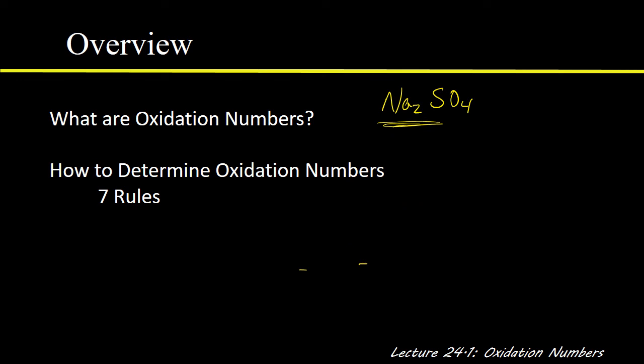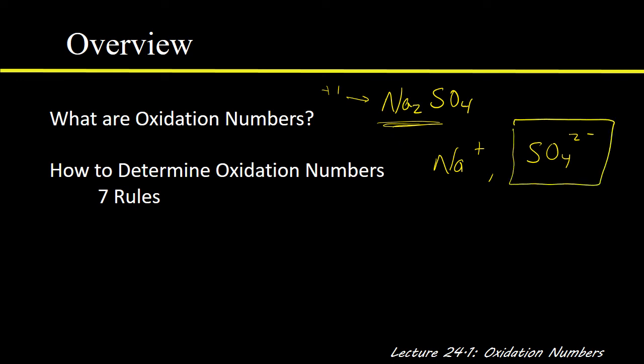We can recognize that this compound is sodium sulfate, and sodium sulfate is composed of sodium ions and sulfate ions. And the sodium ions just have a +1 charge, so the sodium is going to be +1. Again, anytime sodium is in a compound, it's going to be +1. And then when we do the algebra, we really only need to worry about the sulfate. That allows us to make a slightly simpler equation.